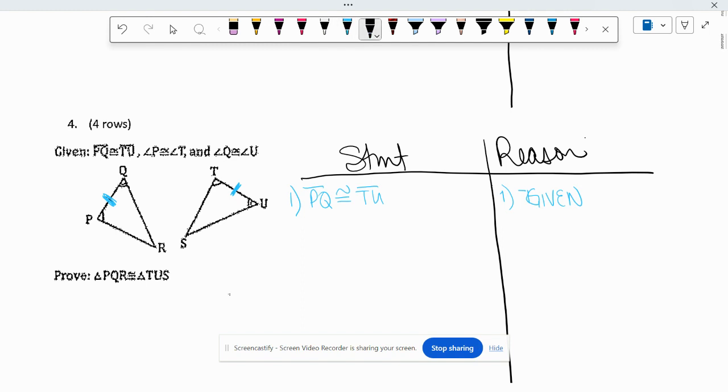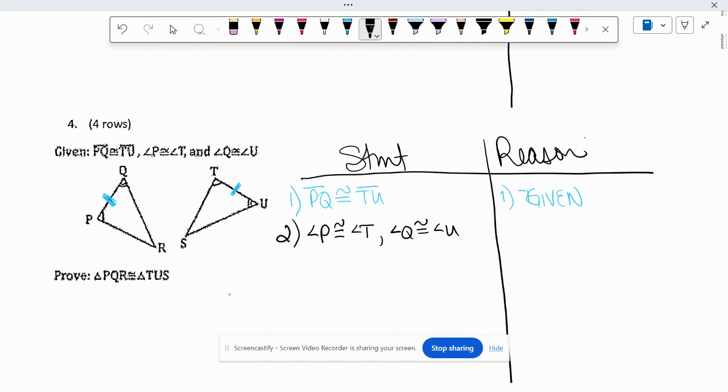And then you have angle P is equivalent, or not equivalent, my bad. That's okay. Congruent to angle T. So can we put the congruent angles on this next line together? You can put them on the same line. No, we're going to do another one. Angle P is congruent to angle T, and angle Q is congruent to angle U. You see how I'm grouping congruent angles together, and on the other one we group together the congruent segments.